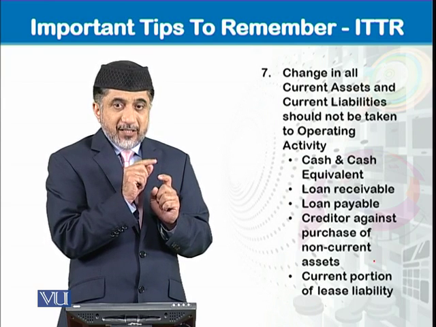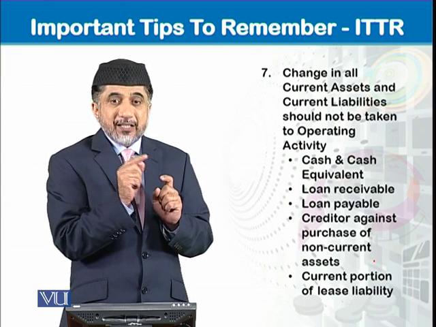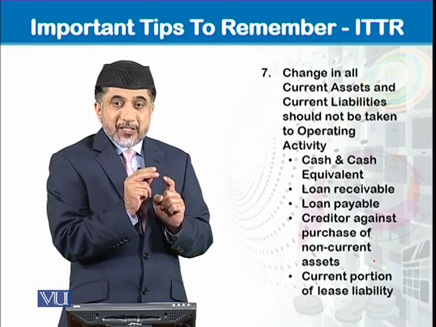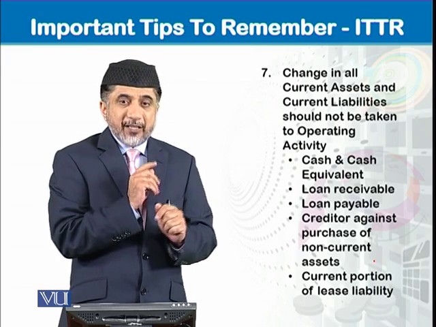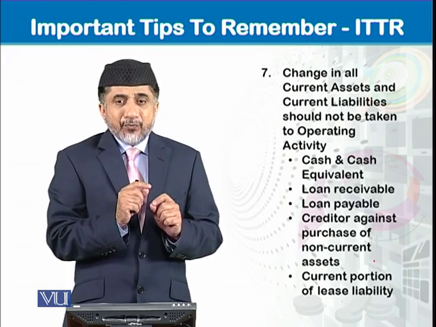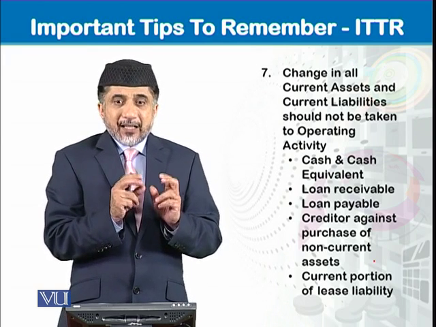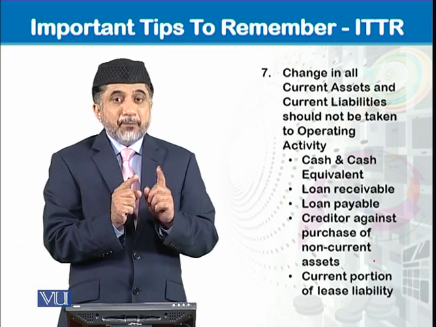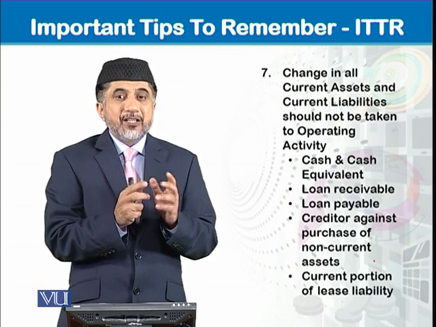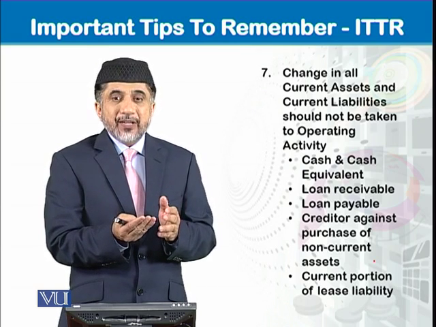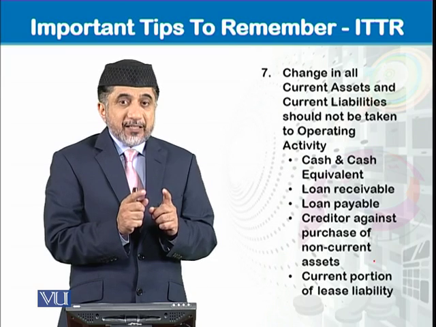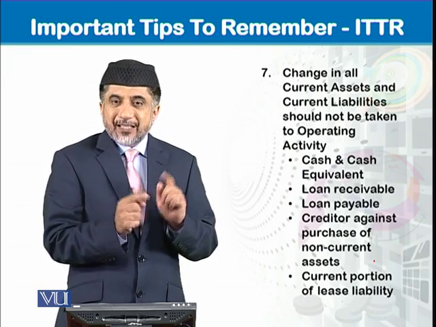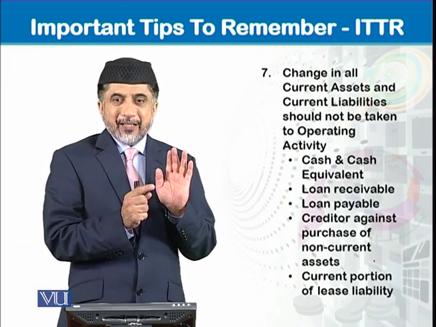As we see, increase in inventory, decrease in inventory, or increase in receivables, decrease in receivables, these are worked out in the operating activity. Yes, if there is a current liability which relates to the purchase of fixed assets, supposedly we purchase fixed assets on credit, then the increase or decrease in that current liability should not be worked out under operating, because it does not have any connection with operating activity.